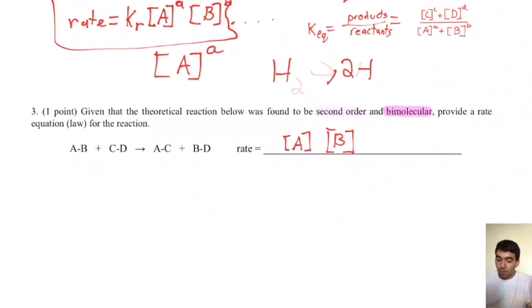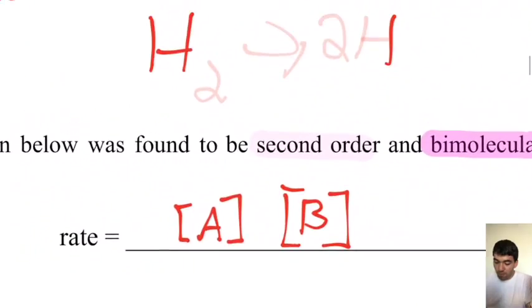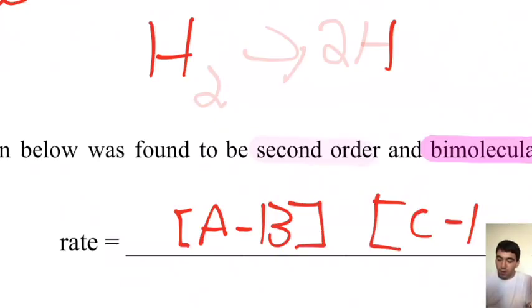Looking at this, we know that A is the same thing as this molecule, and this is B, so we can plug those into our concentrations. So we have A to the a times B to the b.